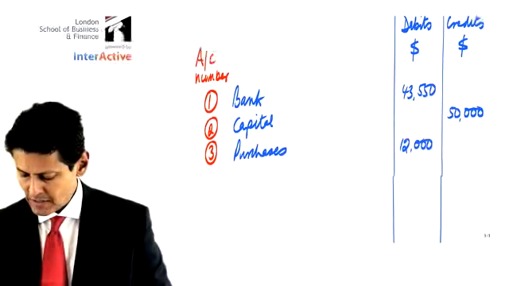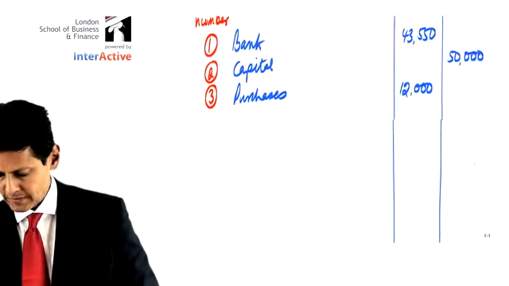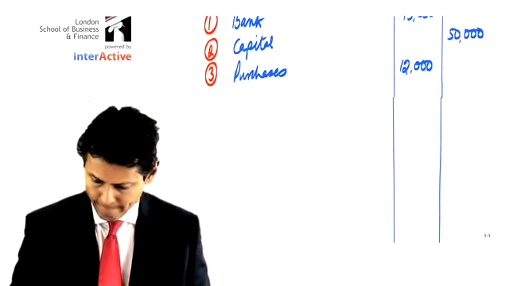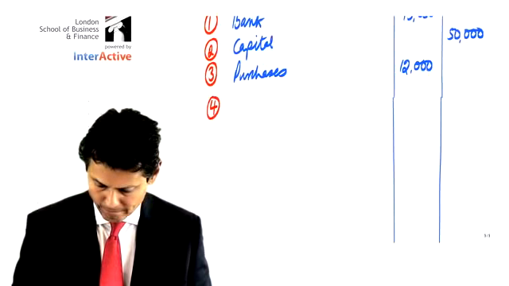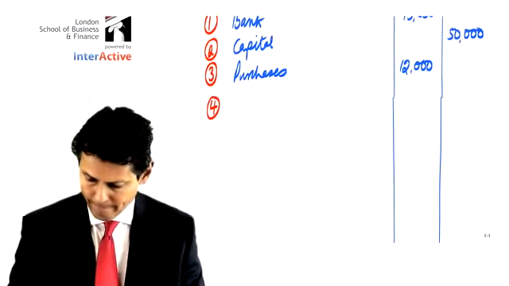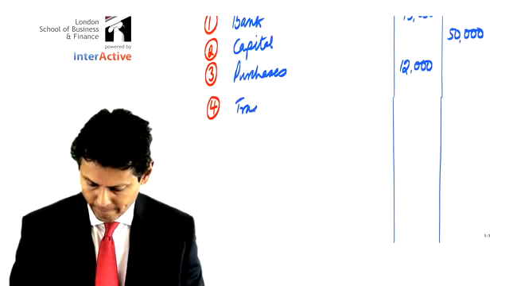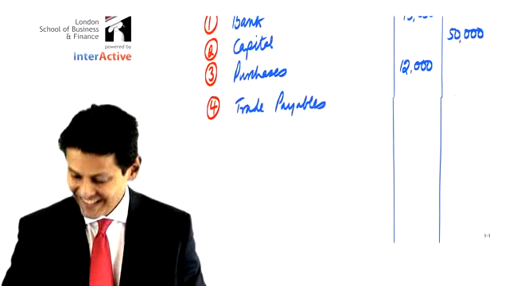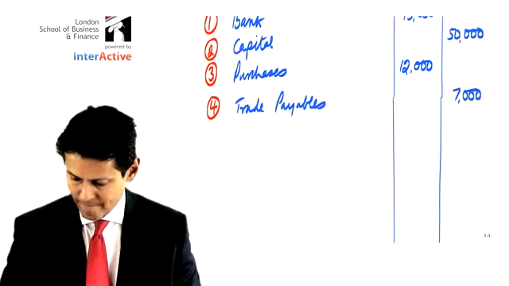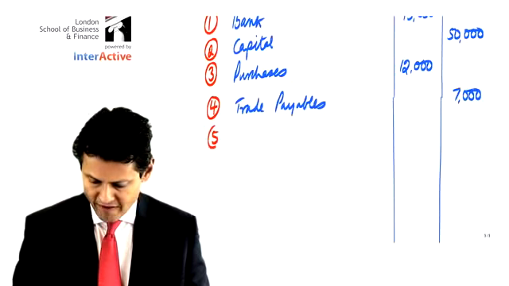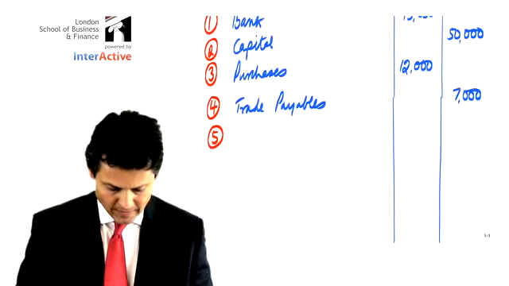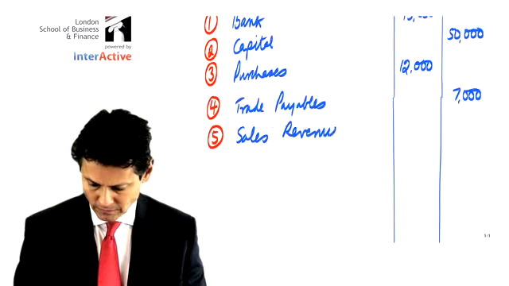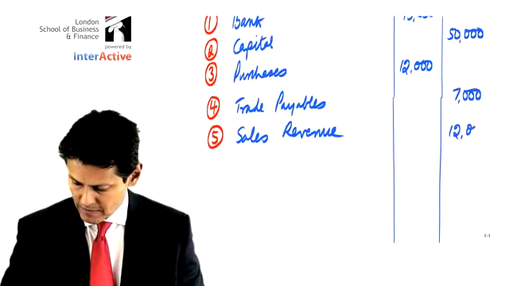The fourth account is trade payables, this is easy, 7,000. The fifth account is sales revenue, 12,000.